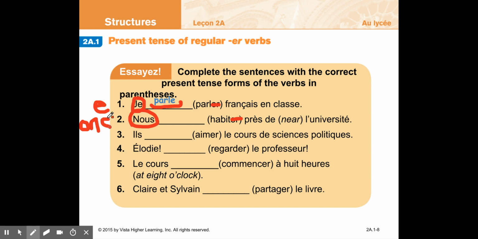O-N-S. And then step 3 would be to add that ending onto here. So you're going to end up with "habitons," H-A-B-I-T-O-N-S. I hope you're appreciating how difficult it is to write with a mouse.